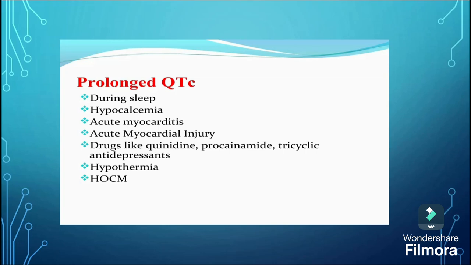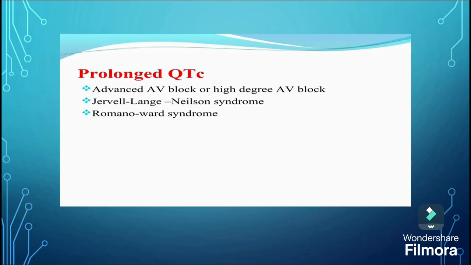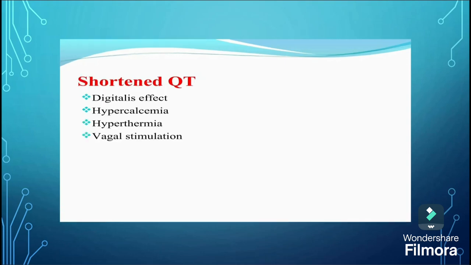During sleep, hypocalcemia, acute myocarditis, acute myocardial injury, drugs like quinidine, procainamide, tricyclic antidepressants, hypothermia, cardiomyopathy, hypertrophic obstructive cardiomyopathy, then prolonged QTc in advanced AV block or high degree AV block, then Jervell and Lange-Nielsen syndrome you can check, then Romano-Ward syndrome. So these are the conditions where you will get prolonged QTc.